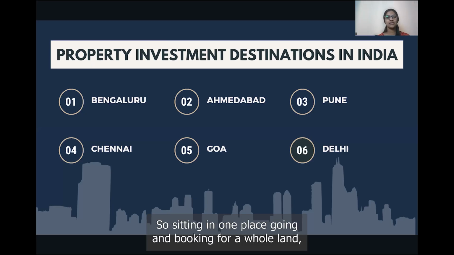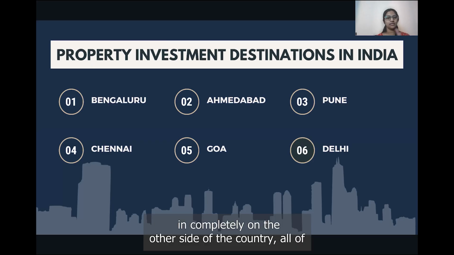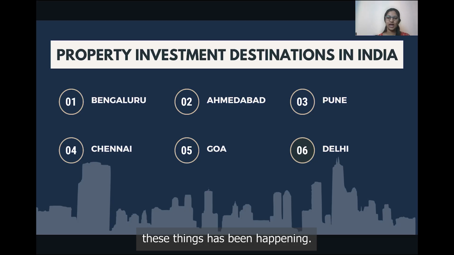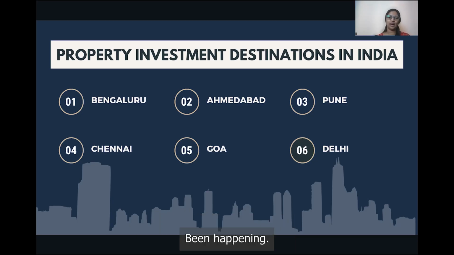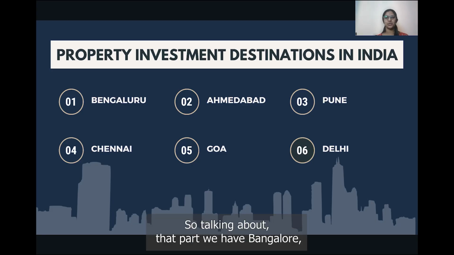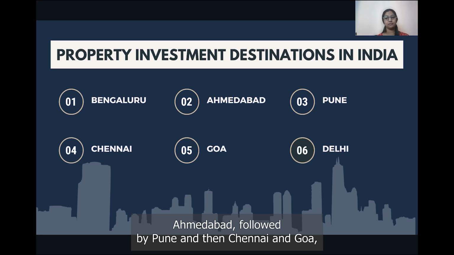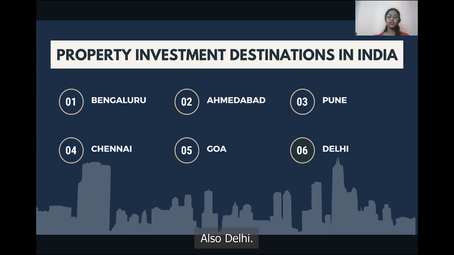Sitting in one place, going and booking a whole land completely on the other side of the country, all of these things are happening. Investments here and there have been happening completely. It has never been stagnant. Talking about that part, we have Bangalore, Ahmedabad, followed by Pune, and then Chennai and Goa, also Delhi.